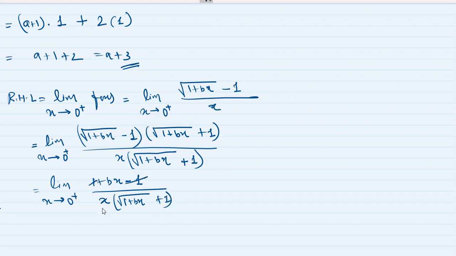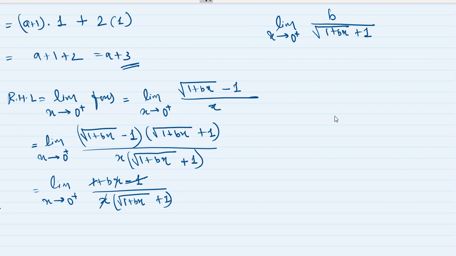Now this minus 1 plus 1 gets cut, bx upon x gets cut, and we get limit when x tends to 0 plus of b upon under root of 1 plus bx plus 1.